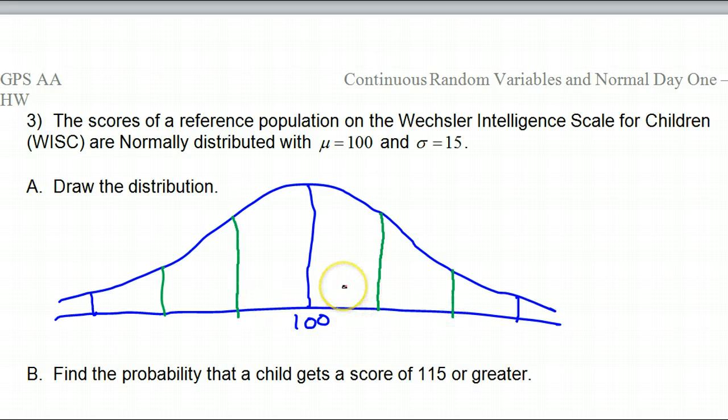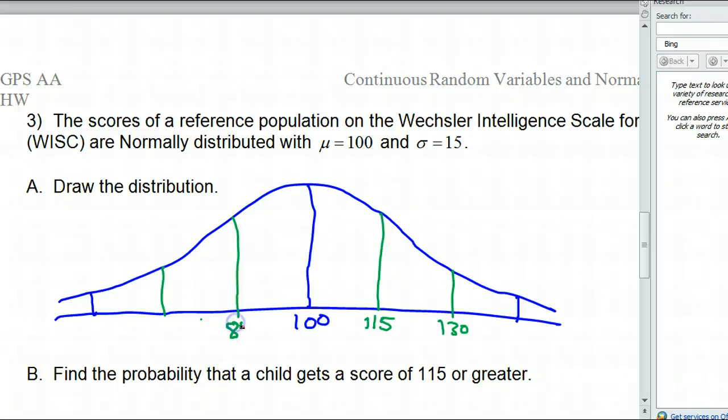So if the standard deviation is 15, then of course that means this will be 115 and this will be 130, and this will be 85 and this will be 70, and this will be 145 and this will be 55.